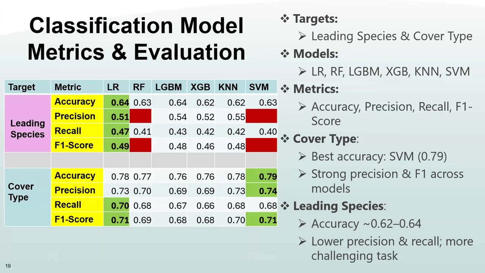But leading species accuracy was modest, 0.62 to 0.64, with low precision and recall, which suggests that all the models struggle to predict the species with a certain level of accuracy.